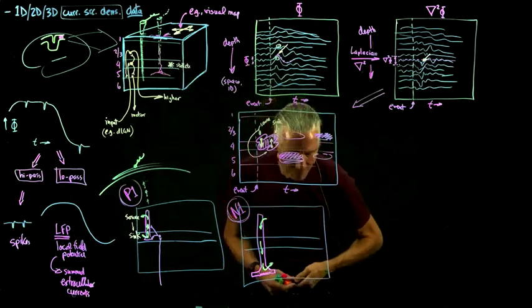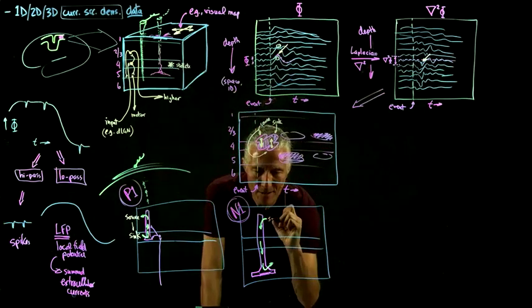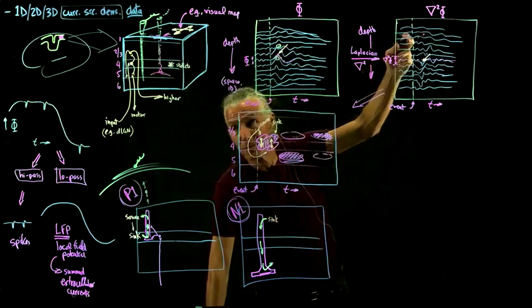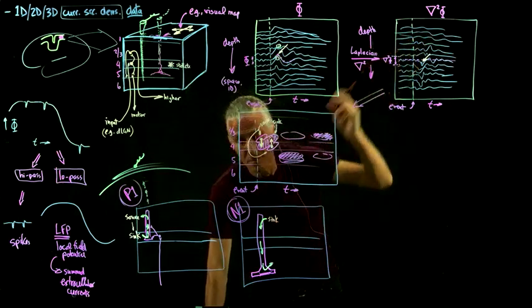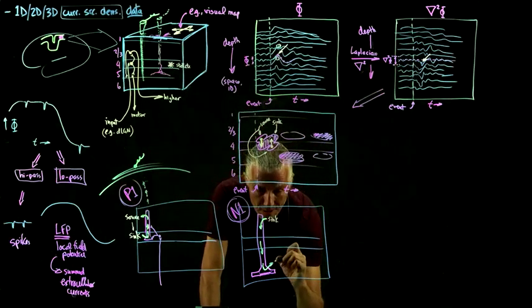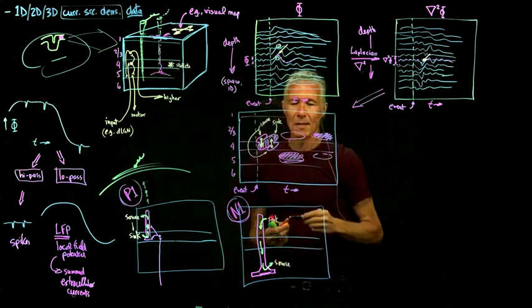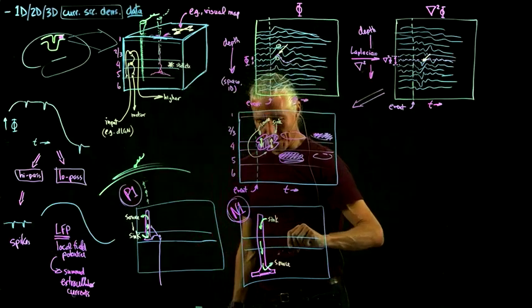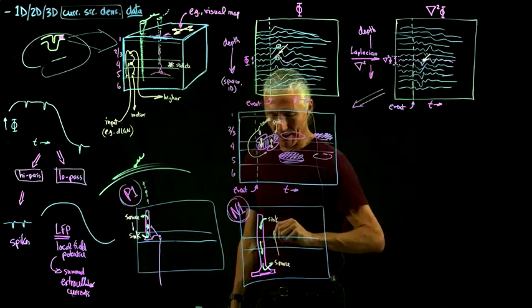So we've got a sink here, so that's things disappearing because it's a negative current source density, and a source down here. And you can think of the current as basically flowing from the source to the sink, like that.